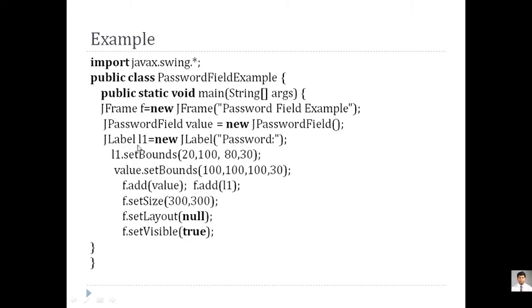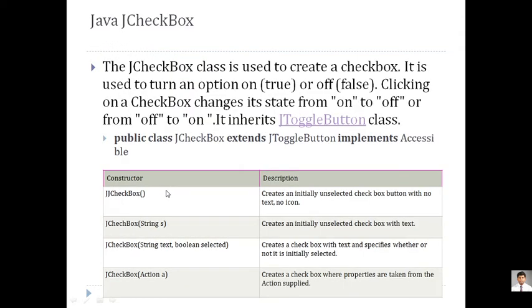Labels are just like the previous example; I want the label, and in front of that a text box which is nothing but a password field that accepts input. We'll have a runtime example. We have done the addition, and set the size of the frame, layout and visibility. All the code is similar, only one thing we have changed, that is we have used JPasswordField, and that object we have added into the program. So that will be visible on the screen.